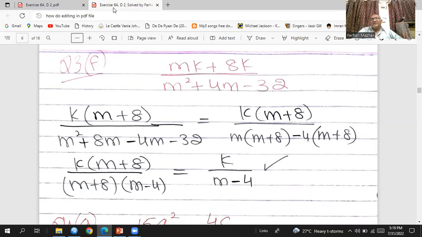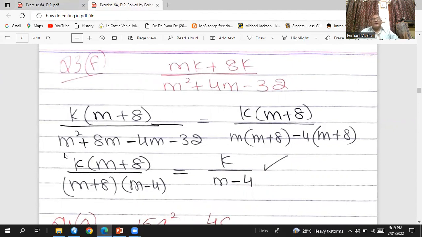Here we have the negative sign with the third term, so I will choose that pair which by subtraction will give me 4. That pair is 4 and 8. Because you want positive 8, with the larger number I will put positive, and with the smaller number I will put negative. So you can see here, I have m² + 8m − 4m − 32.